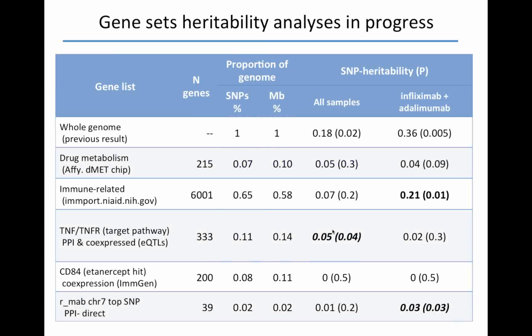And so the first bold result is in the far right column, in the third row of results down, 0.21 variance explained. So here it's about two-thirds of the whole genome variance explained, 0.21 versus 0.36 at the top.